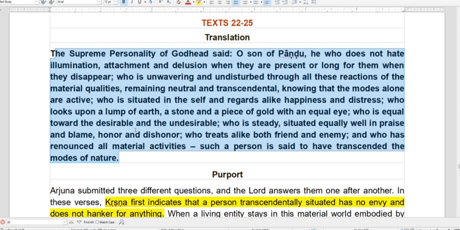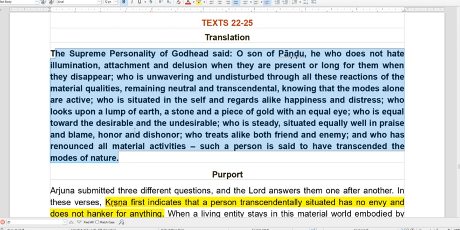The Supreme Personality of Godhead said, O son of Pandu, he who does not hate illumination, attachment, and delusion when they are present or long for them when they disappear, who is unwavering and undisturbed through all these reactions of the material qualities, remaining neutral and transcendental, knowing that the modes alone are active, who is situated in the self and regards alike happiness and distress, who looks upon a lump of earth, a stone, and a piece of gold with an equal eye, who is equal towards the desirable and the undesirable, who is steady, situated equally well in praise and blame, honor and dishonor, who treats alike both friends and enemy, and who has renounced all material activities.